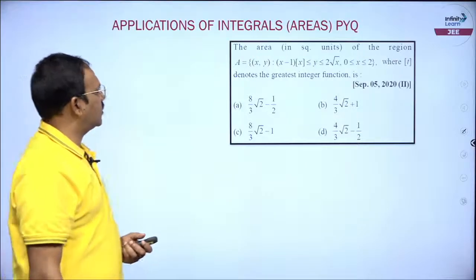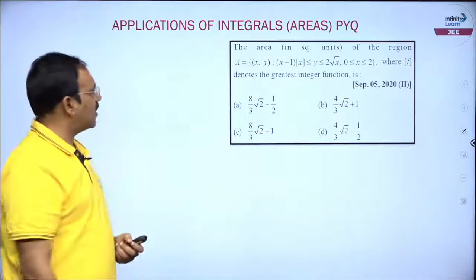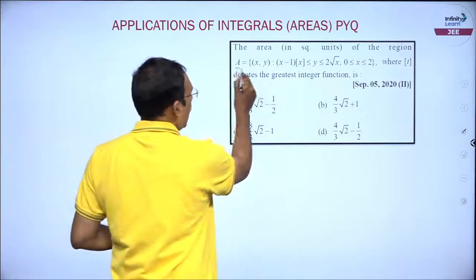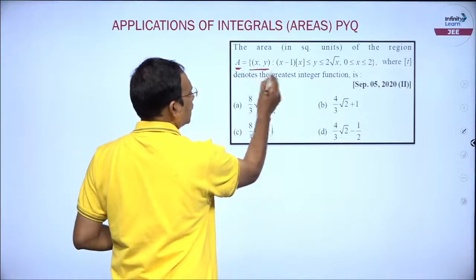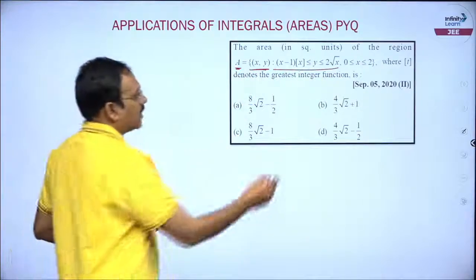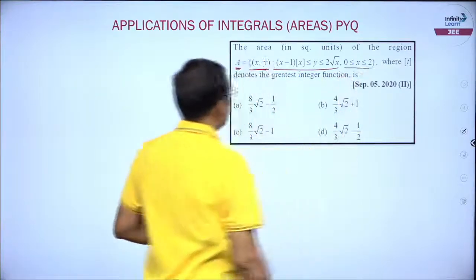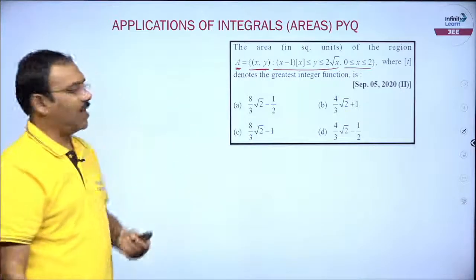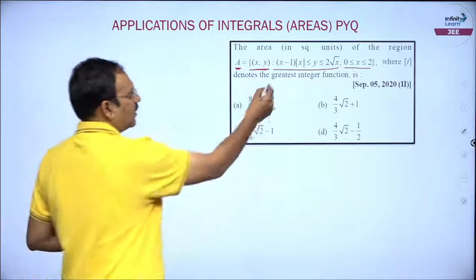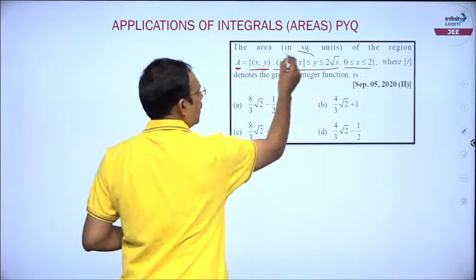You see this question: the area of the region where A is the set of all points x comma y which satisfy this condition, where x is taken between 0 to 2. Here this part you can treat like two parts.